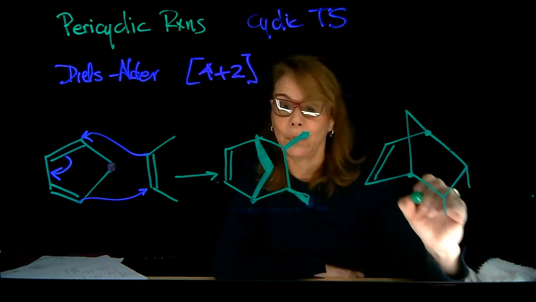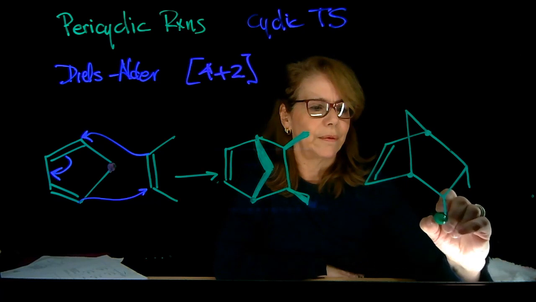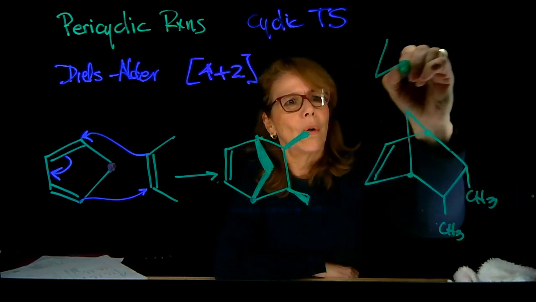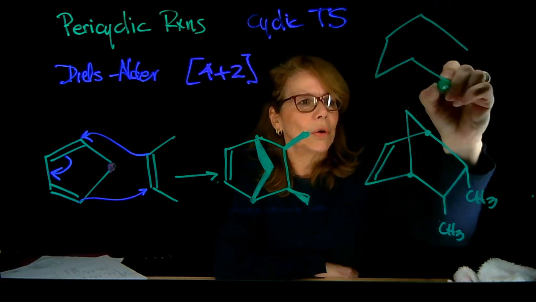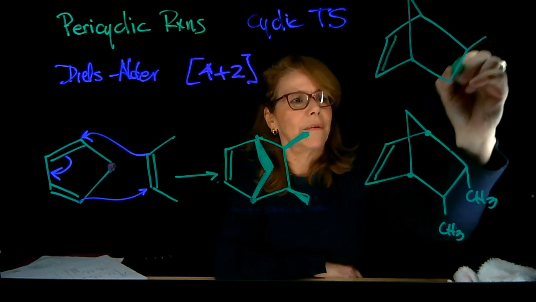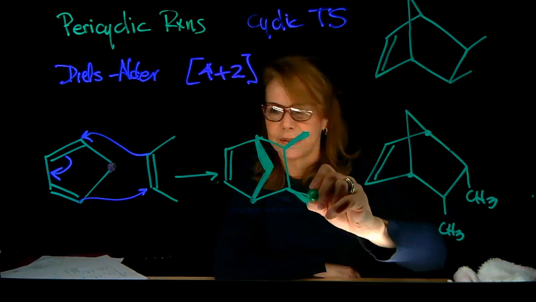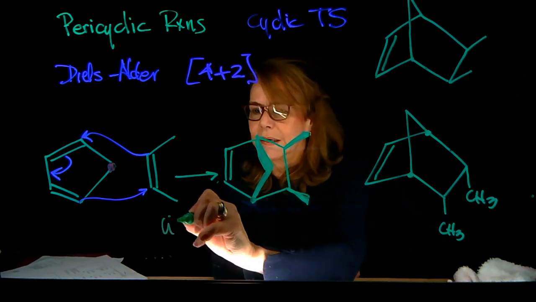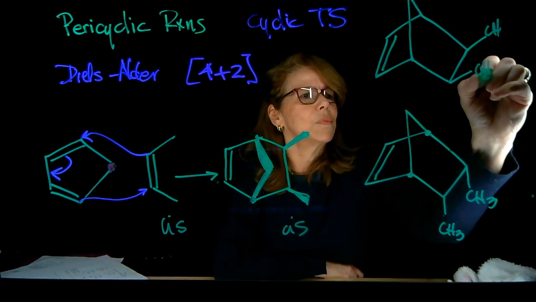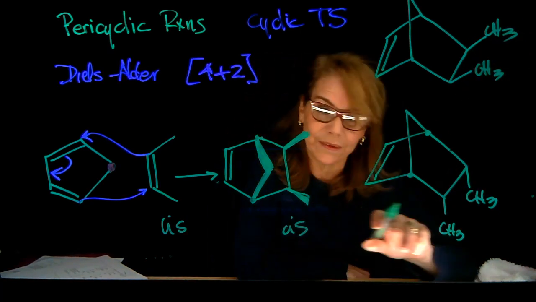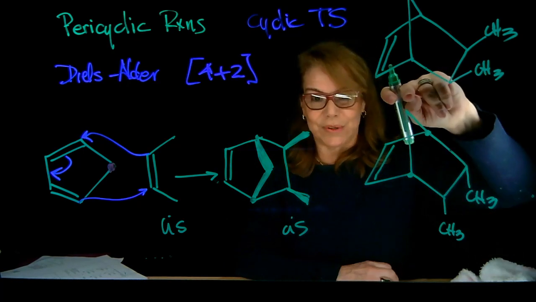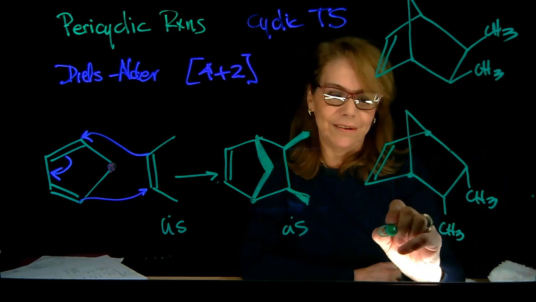So I'm going to draw 2 possible products. These two need to be on the same side. Say I do this, or I draw a similar bicyclic structure but with the groups pointing to the same side, since we started here with the cis. I need to keep that. So these are 2 possible products. This one, with the 2 substituents pointing opposite to the bridge, we call the endo product.